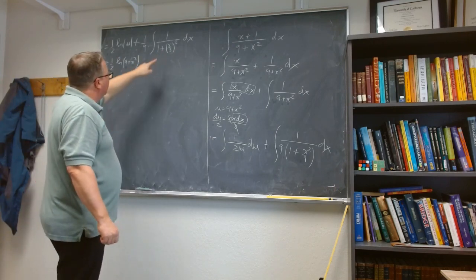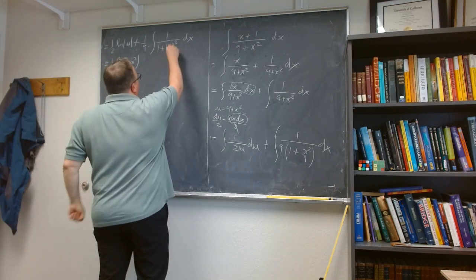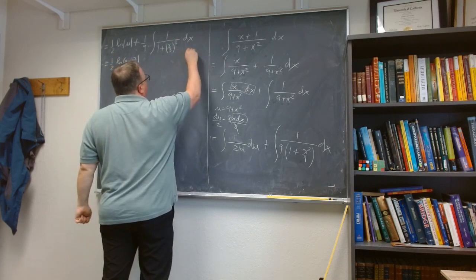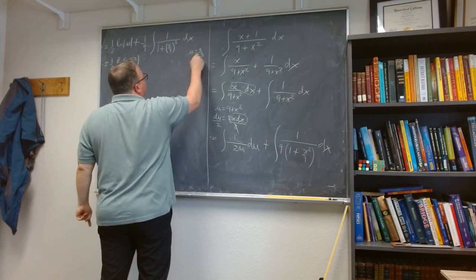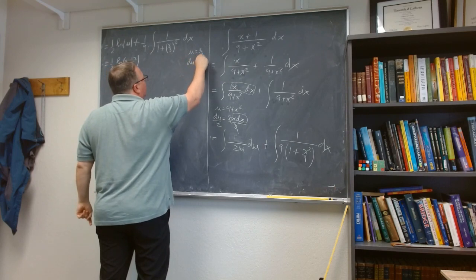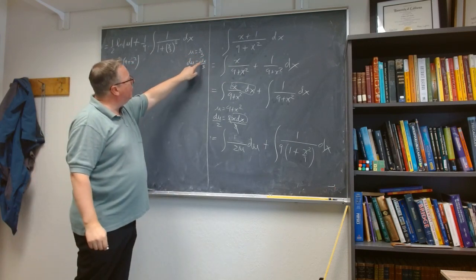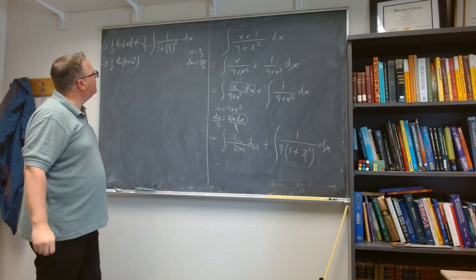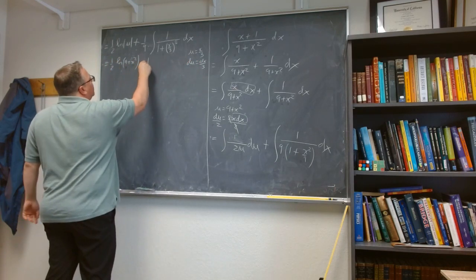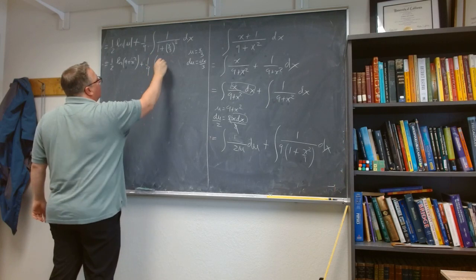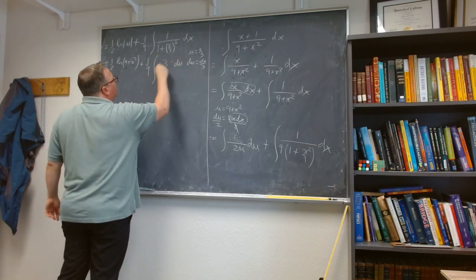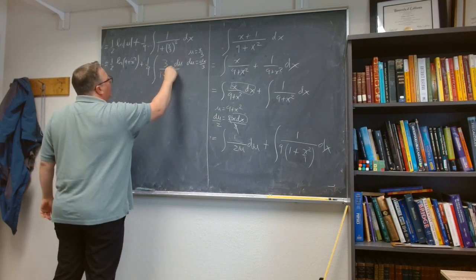Over here, I'm going to do a u substitution on x over 3. And so du will be dx over 3. So dx I will replace by 3 du. So I'll have 1/9 times the integral of 3 du over 1 plus u squared.